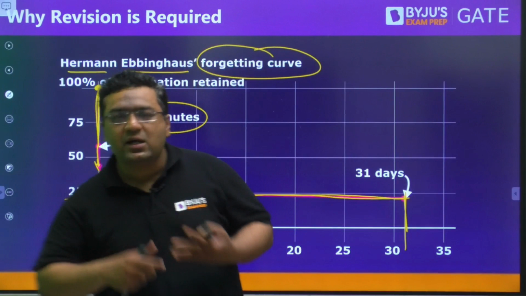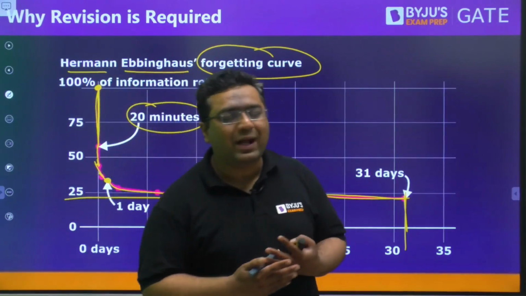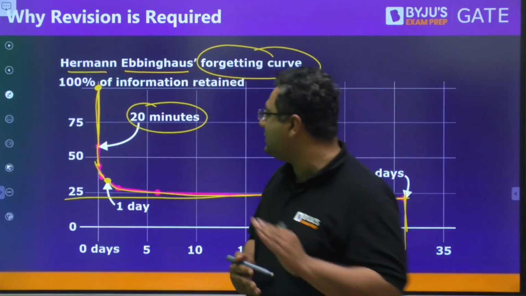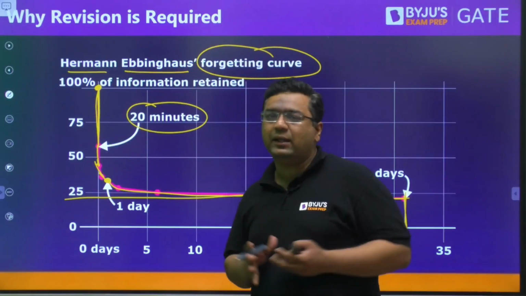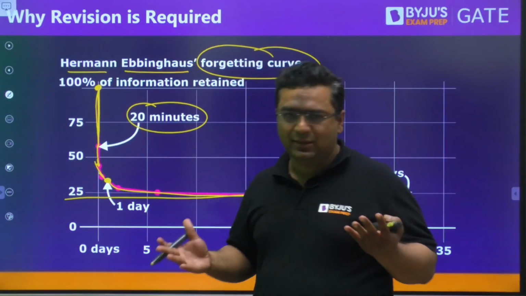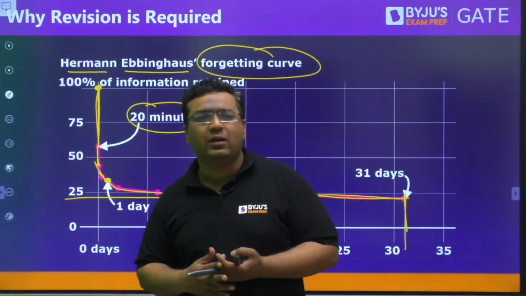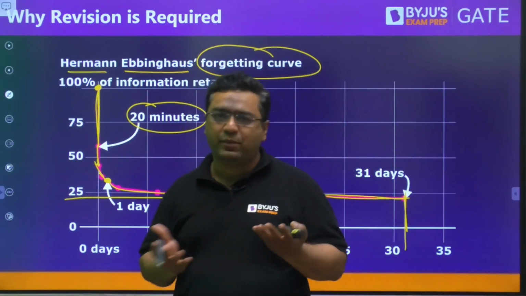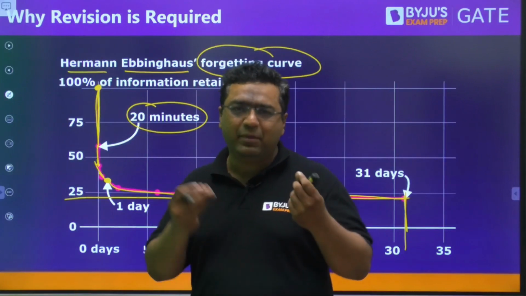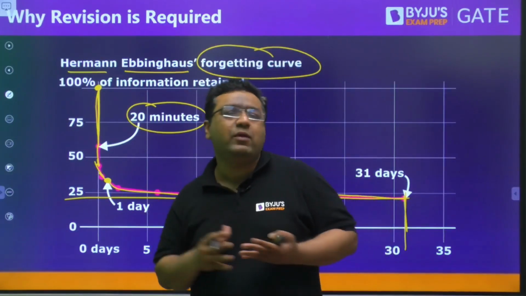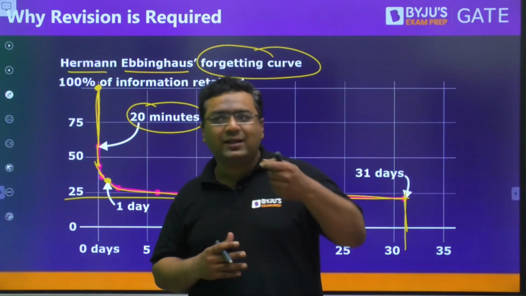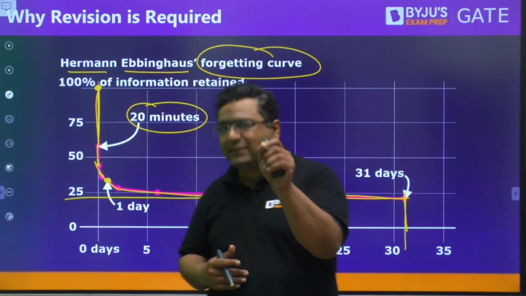So this curve clearly says why we need to revise. God has given us a wonderful memory that can retain many things. It is not like 2 TB, 1 TB, 512 GB; it is a wonderful memory, but with a side effect that it forgets with time, and that is necessary to live.